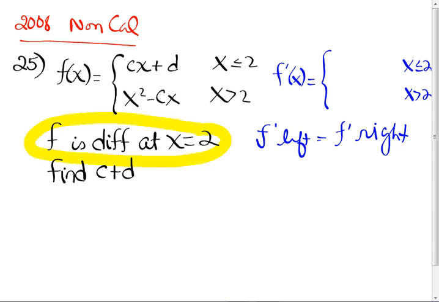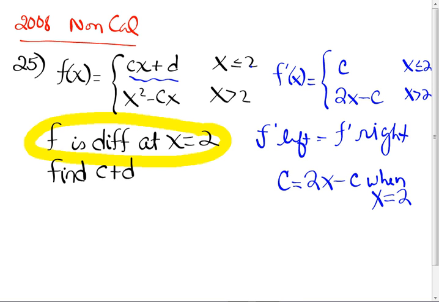To the left of 2, that's just going to be c, isn't it? To the right of 2 is going to be 2x minus c. Now, if the derivative from the left has to equal the derivative from the right at 2, then c has to equal 2x minus c when x is 2.